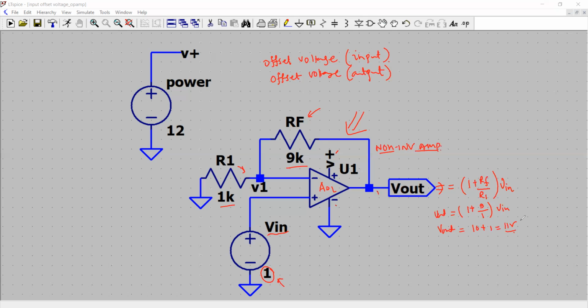So this is how the non-inverting amplifier is working. But what about the offset voltage? Offset voltage is the voltage difference between the positive and the negative, or between the voltage at the negative and the voltage at the positive, either way.